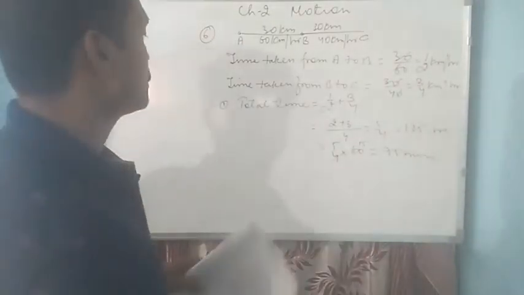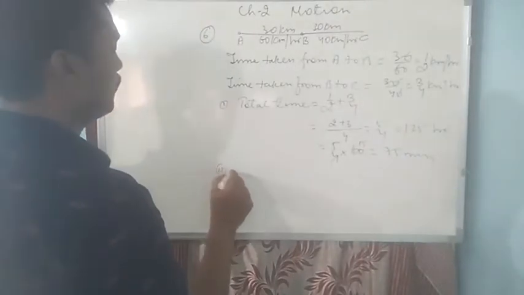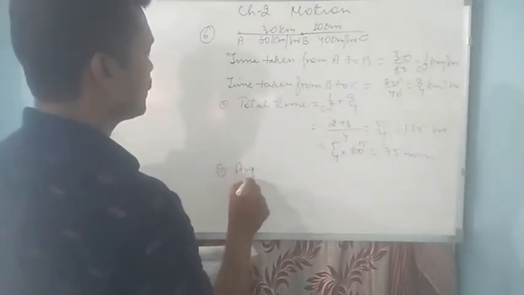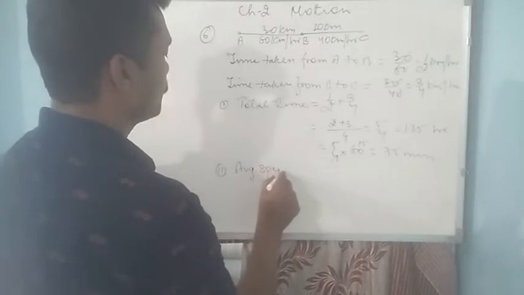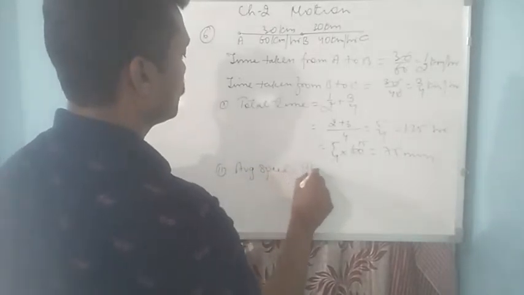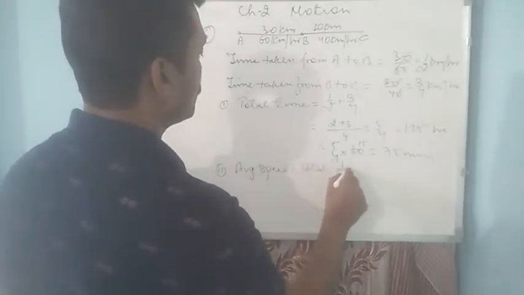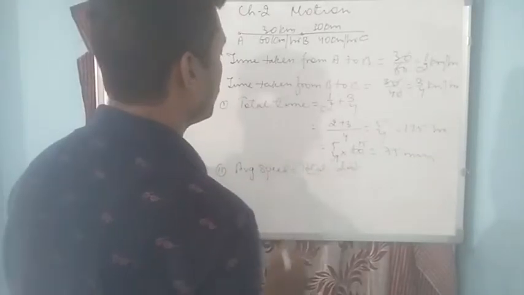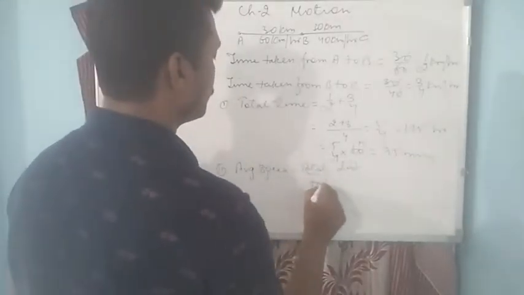And now the average speed. Average speed is total distance divided by total time.